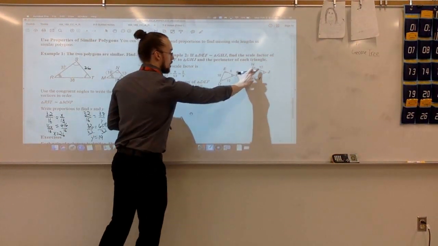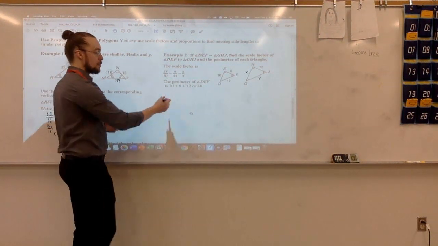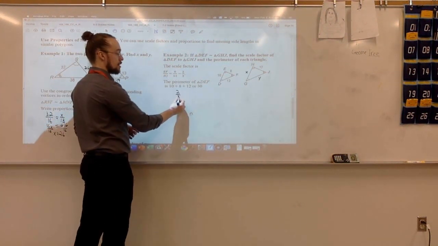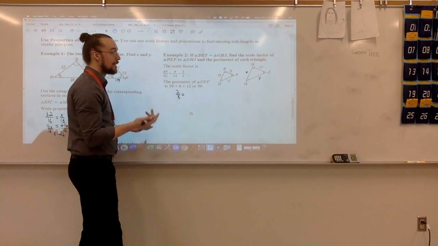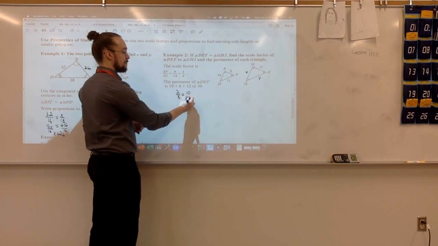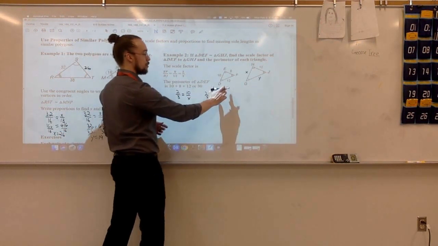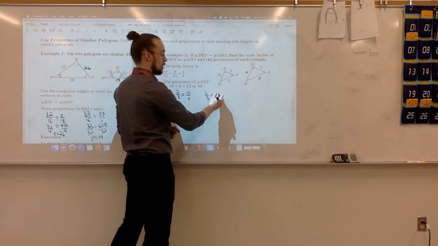Instead of using 8 over 12, I can use the reduced form of that. I can use 2/3. So I could say 2 over 3 is equal to 10 over x. And then I can also say 2 over 3 is equal to 12 over y.